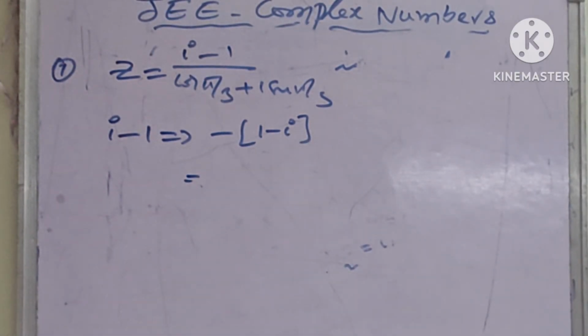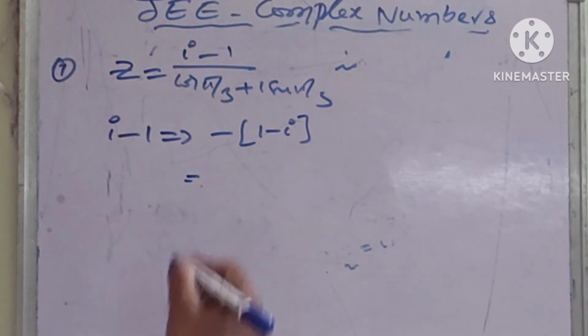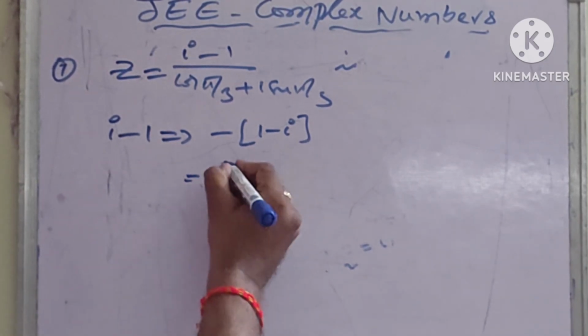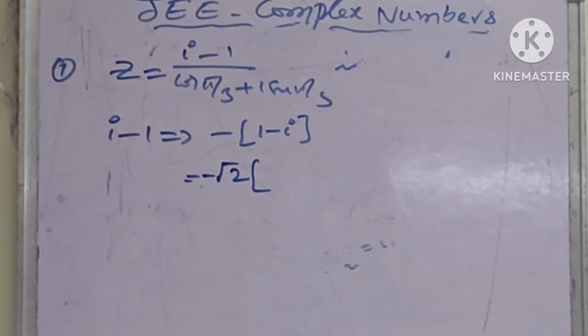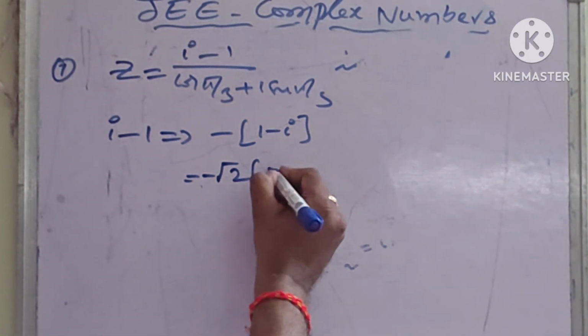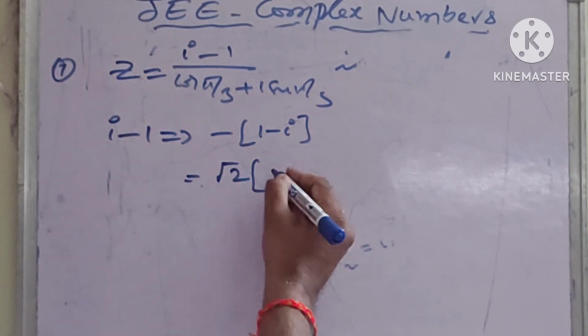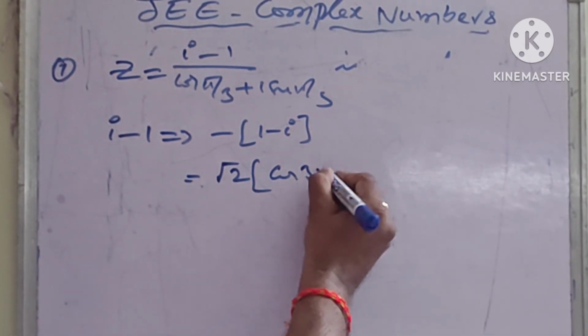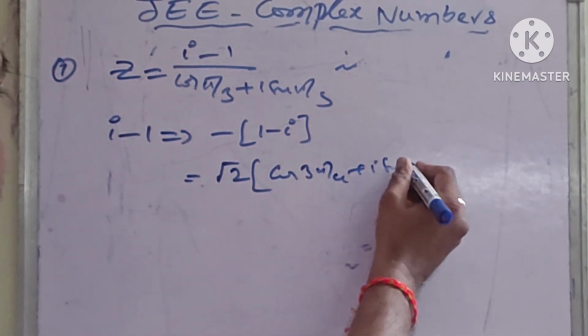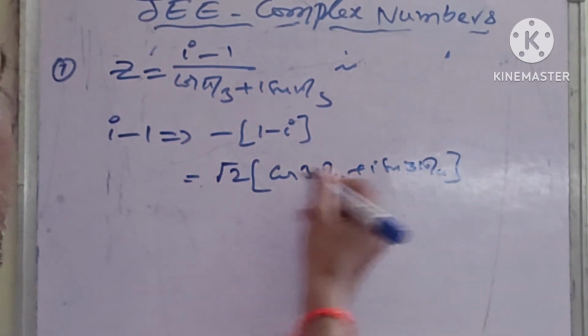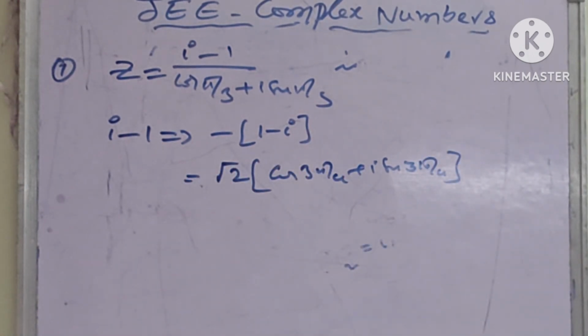Here x is equal to 1, y is equal to 1, r is equal to root 2. So 1 by root 2 plus i minus 1 by root 2, that is equal to cos 3 pi by 4 plus i sin 3 pi by 4. So that is the i minus 1 value.